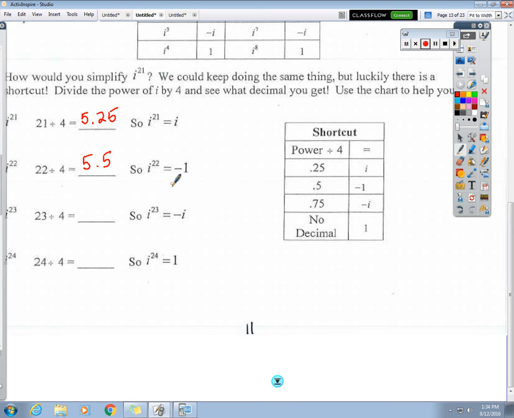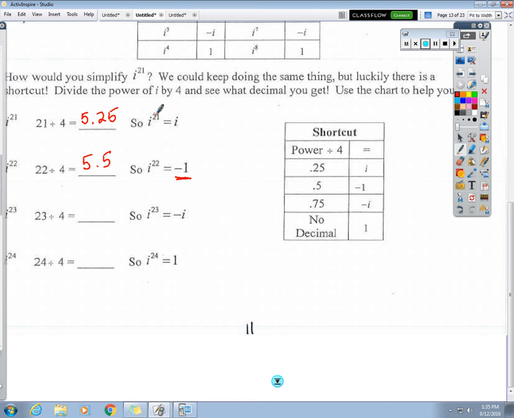Every set of i's, every 2 i's makes a what? A negative 1. It's a pair, which is i squared, which is negative 1. How many pairs are you going to have with 22 i's? 11. If you have 11 negative 1s, ain't your answer going to come back negative? Think about it. If you have an odd amount of negatives, don't you end back up with a negative? So that's why you get a negative 1.